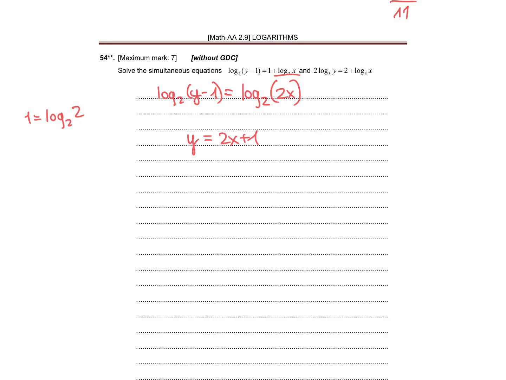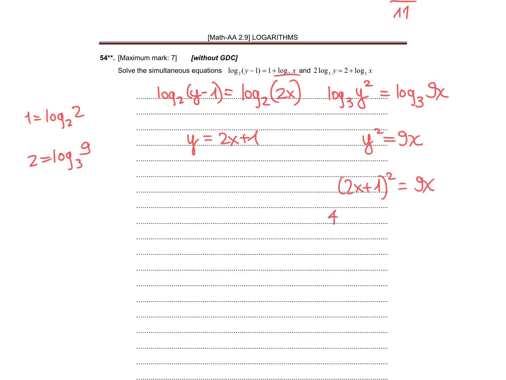Now this one, log base 3 of y squared, when the 2 pops up, 2 as log base 3 is that. And we're adding, so that's 9x. So for this one, we've got y squared equals 9x. So I'm going to substitute into this one, 2x plus 1 squared equals 9x.